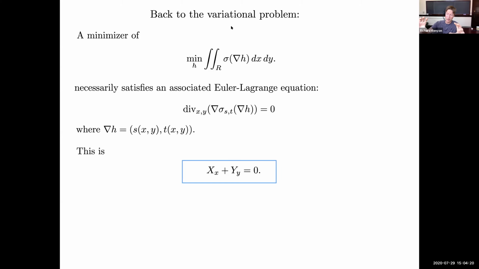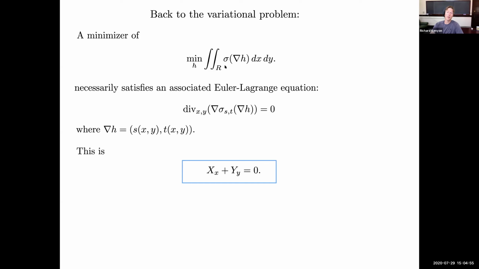Hopefully I've at least explained the appropriate objects that come up in this variational problem. How do we actually solve the variational problem now? Well, we need to minimize this surface tension integral, and associated to such a minimization is a differential equation called the Euler-Lagrange equation, which is a standard calculus of variations technique.